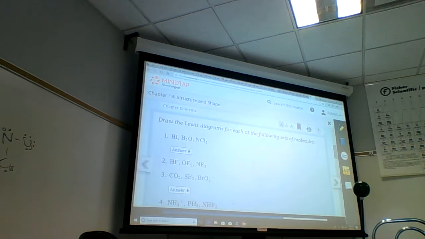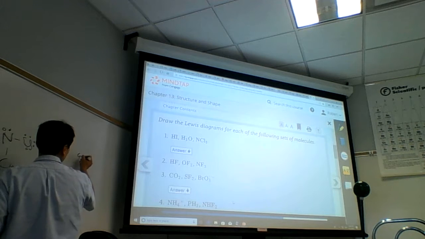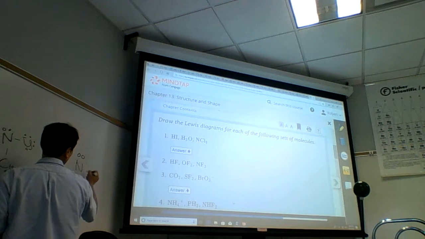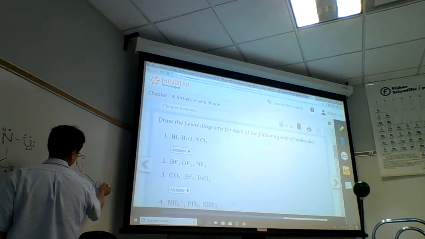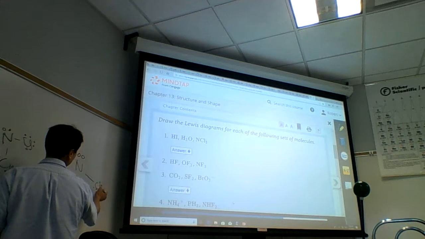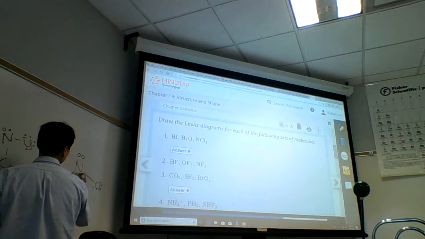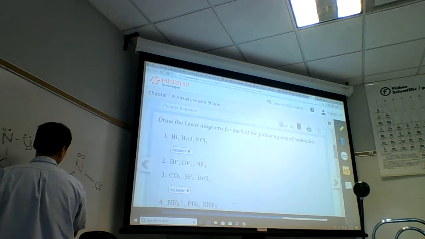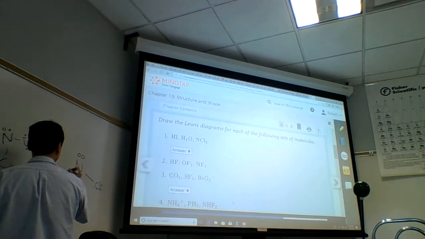John? 109.5, it's going to be distorted. So how should we draw this? The typical way is to put a lone pair in the plane, and one of the bonds in the plane. That means one bond comes out, and one bond goes in.